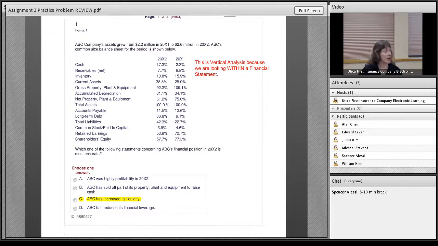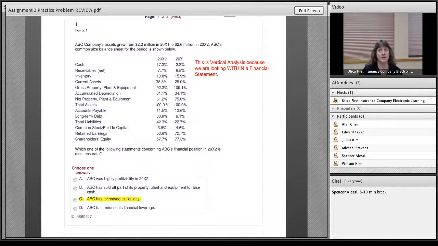Assets are at 100%, so every other number is a percentage compared to that base. Net property, plant, and equipment is 61.2% of your total assets, okay? Because they're stating it like this, you know this is vertical analysis. Even though it's multi-period, because we're looking within the financial statement, it is vertical, okay?